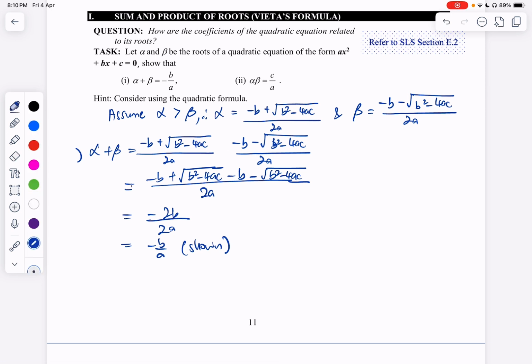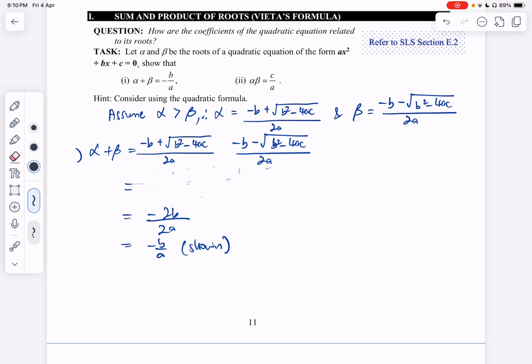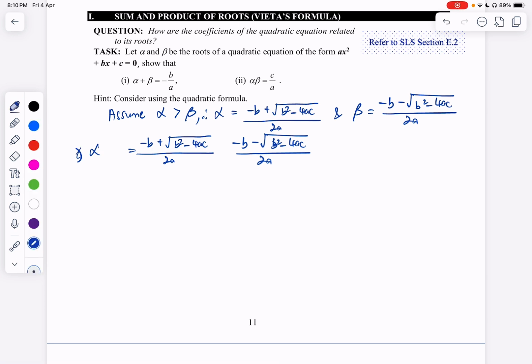Give me a moment, let me erase this. Okay, for the second expression, I'm required to show alpha times beta. So let's work on that. This is alpha times beta.